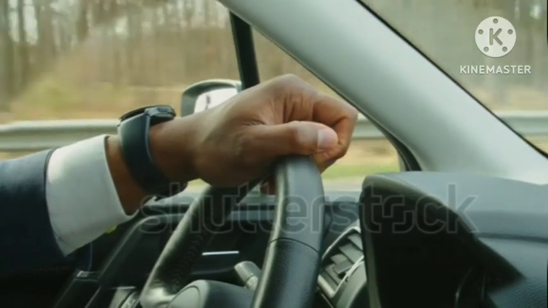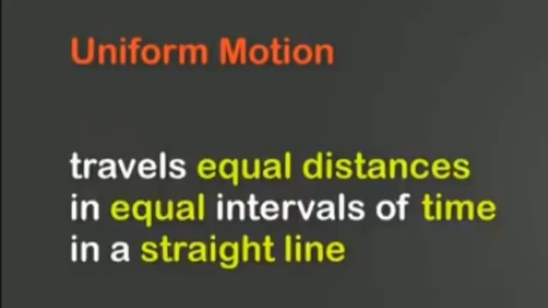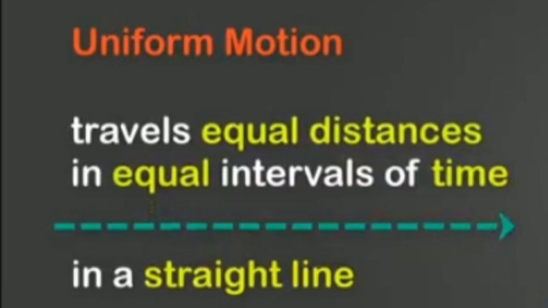Now let us talk about uniform and non-uniform motion. A body is said to be in uniform motion if it is traveling equal distance in equal intervals of time and in a straight line. Let us break down this definition. The first part says equal distance in equal intervals of time.